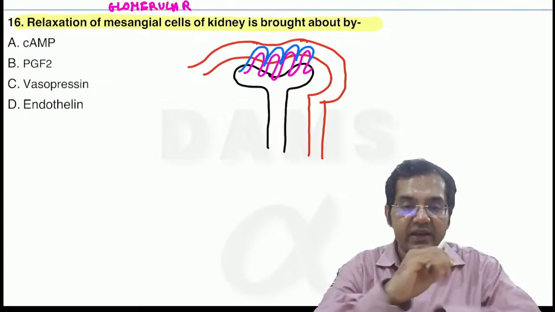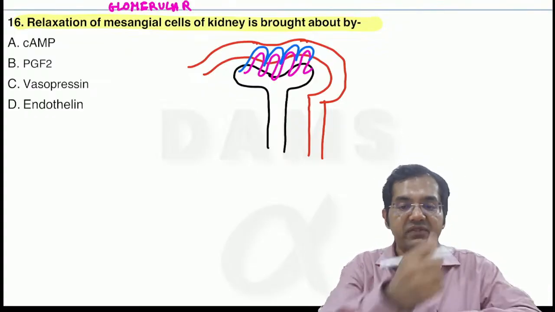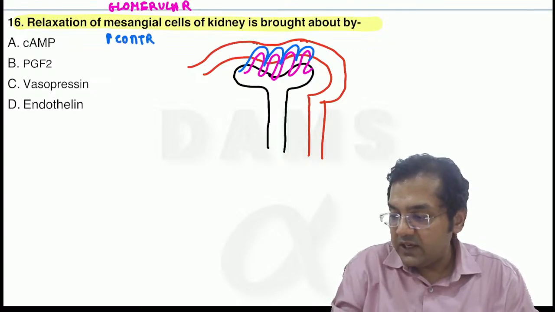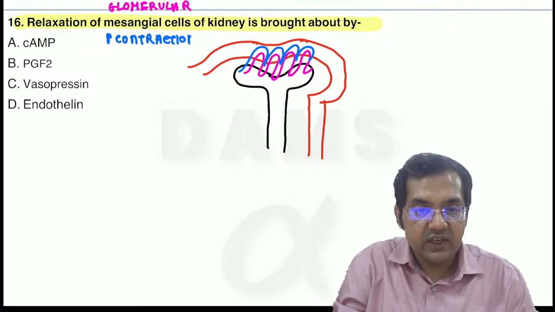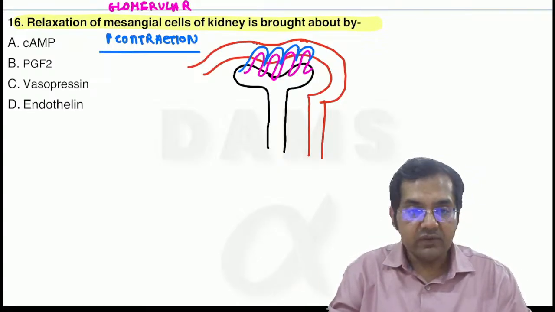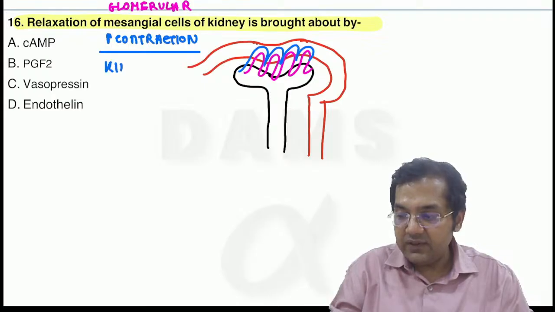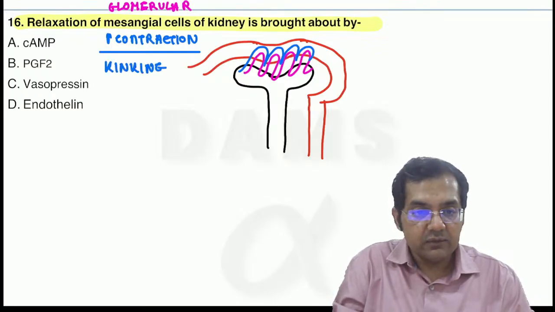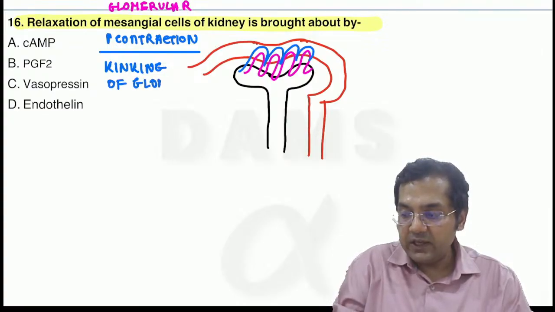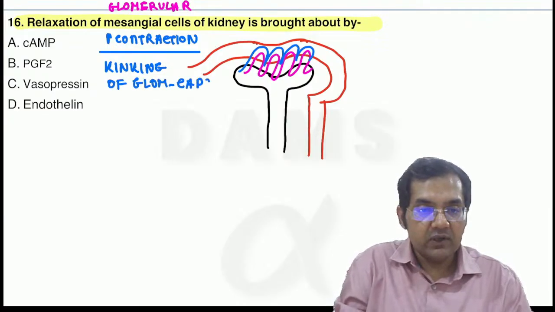The capillaries show kinking. Kinking means twisting. So the agents which cause increased contraction of the glomerular mesangial cells will cause decrease in surface area of the glomerular capillaries by causing kinking of glomerular capillaries.